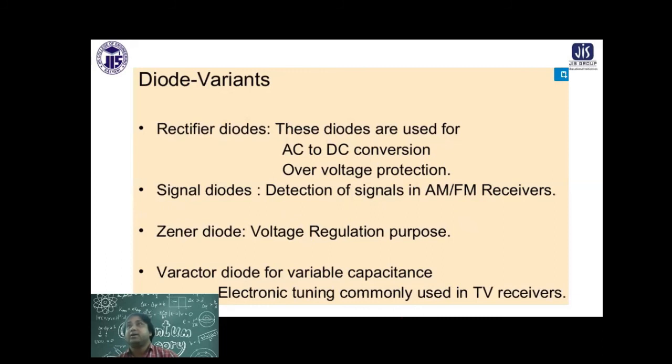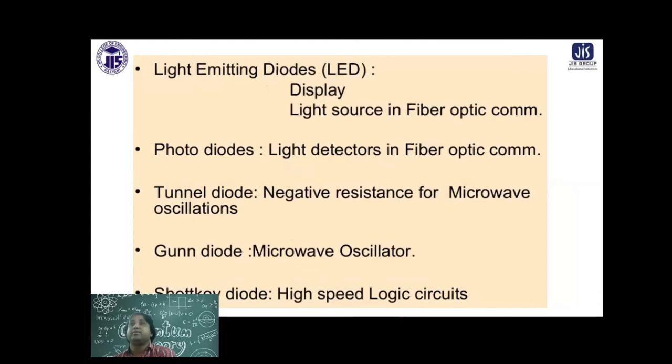A varactor diode is used for tuning in a parallel resonance circuit, tuning the capacitor. A light emitting diode emits light. A photodiode interacts with light and gives responses. A tunnel diode gives AC signal at high frequencies, microwave AC signal. A GaN diode could also do the same thing.